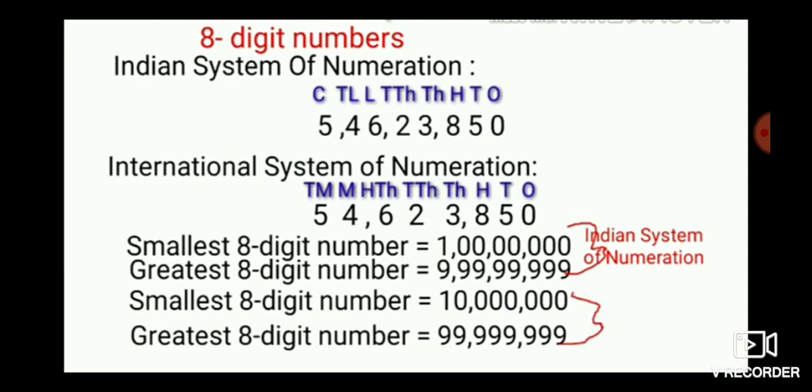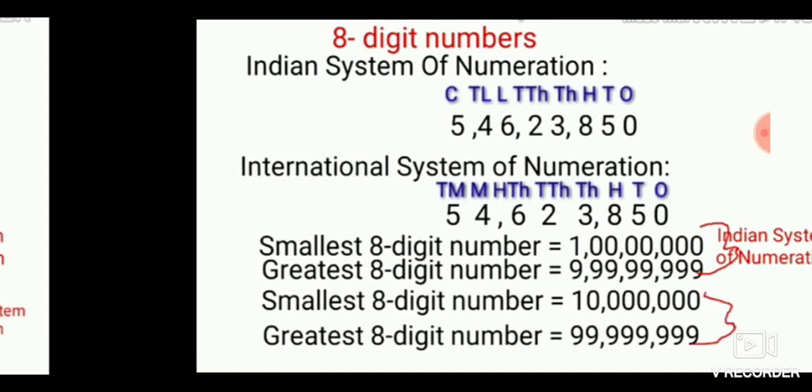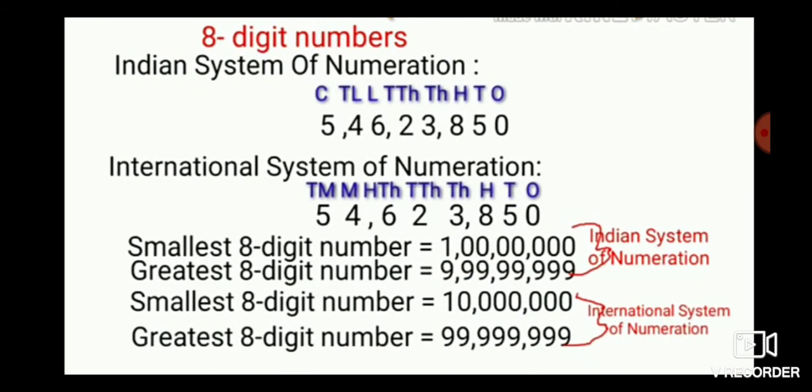Yes students, you are listening correctly. The smallest 8-digit number in the Indian system is 1 crore, but in the international system it is 10 million. The greatest 8-digit number in the Indian system is 9 crore 99 lakh 99,999, but in the international system it is 99,999,999. I hope students you are getting it.